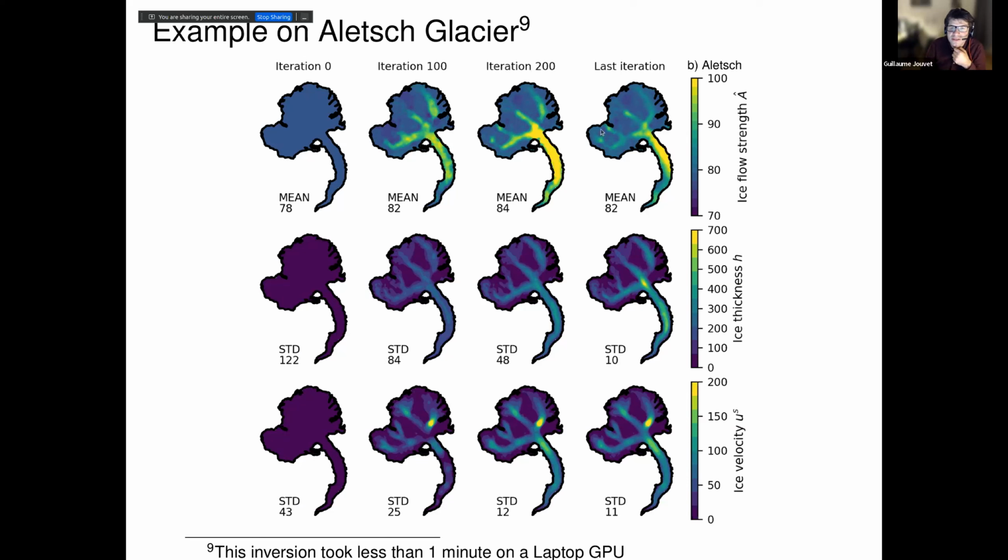What you can see here is also the variation of a variable that combines ice viscosity and sliding. The important thing I want to mention is that this inversion took less than 1 minute on my laptop. So this is, again, very computationally efficient.